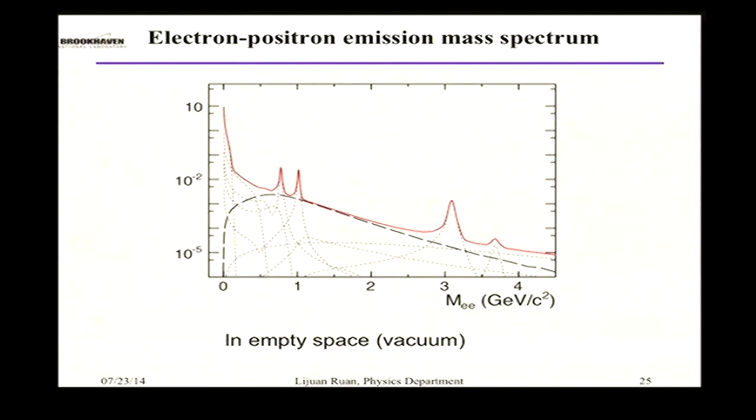And then the next question you ask: I would like to study electron-positron pairs from the quark-gluon plasma, from the hot dense medium. Then you ask, if you have no contribution from the hot dense medium, how does it look? This plot shows you. The red solid curve represents the electron-positron emission mass spectrum without any hot dense medium contribution.